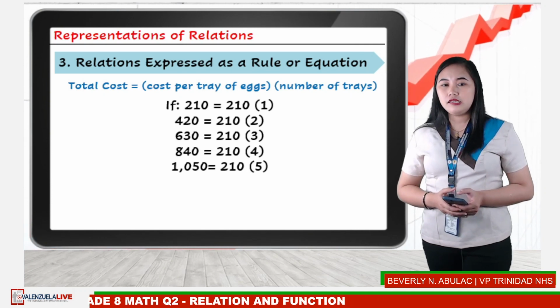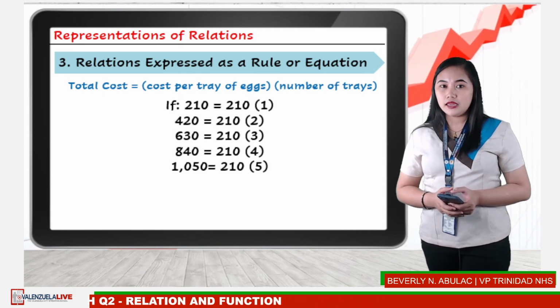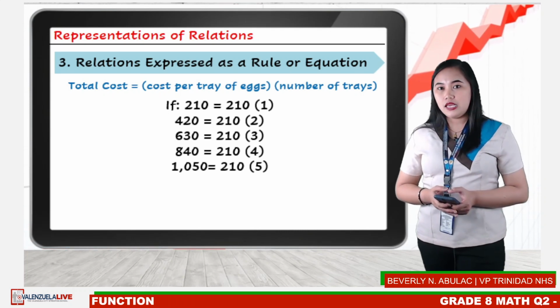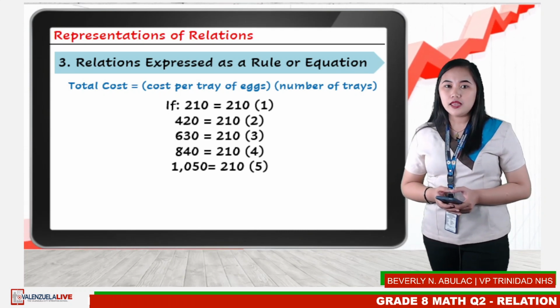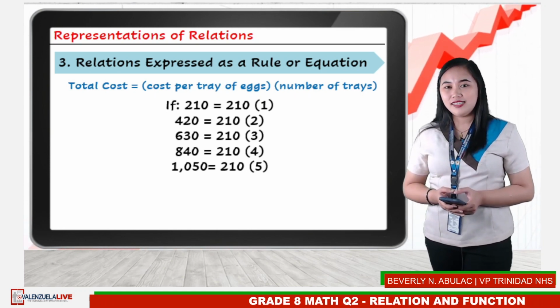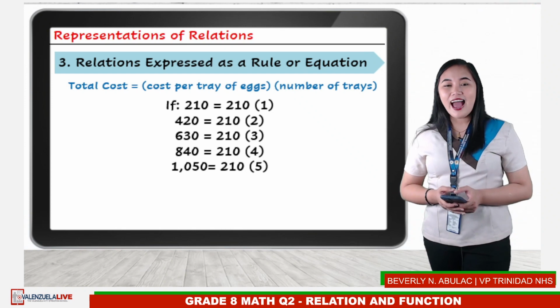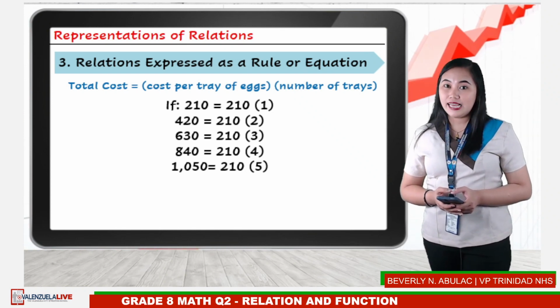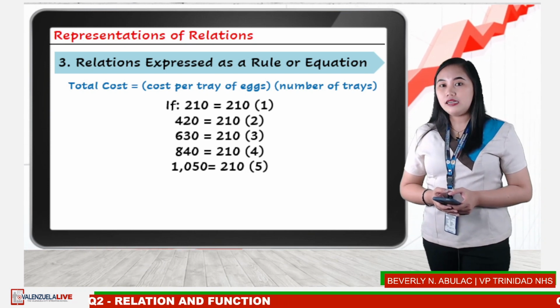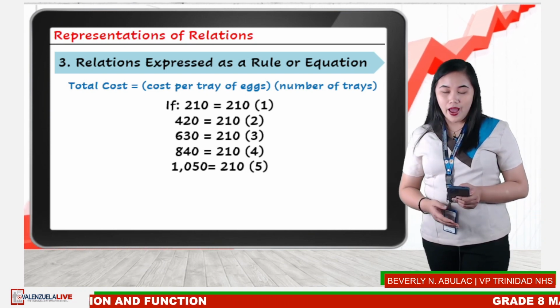So 210 is equal to 210 times 1, 420 equals 210 times 2, 630 equals 210 times 3, 840 equals 210 times 4, 1050 equals 210 times 5.